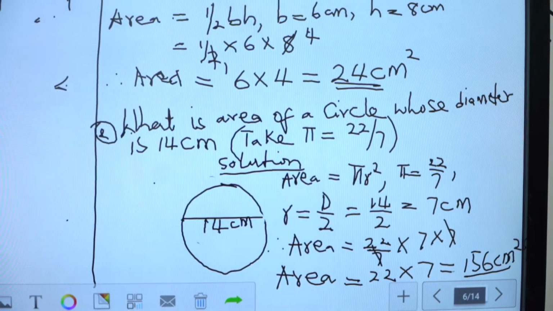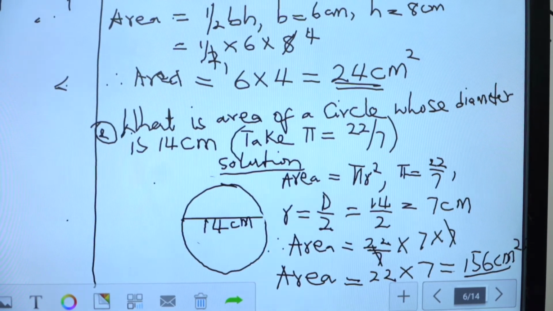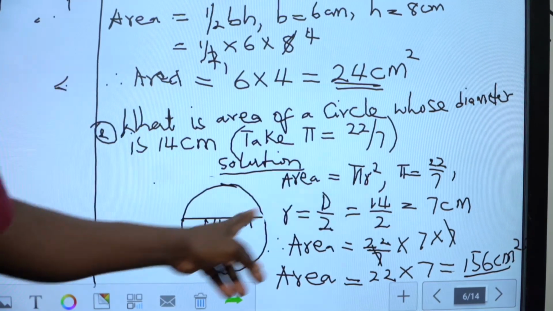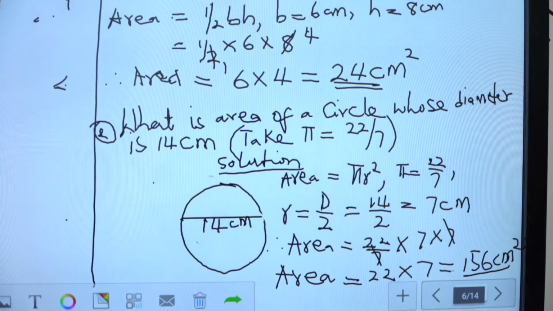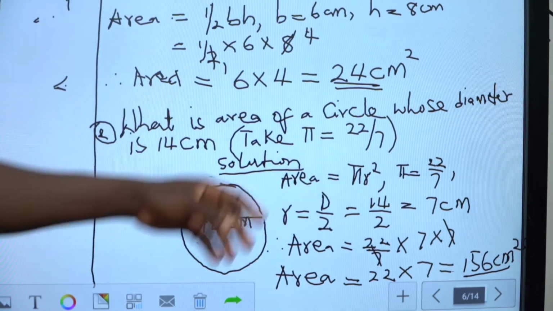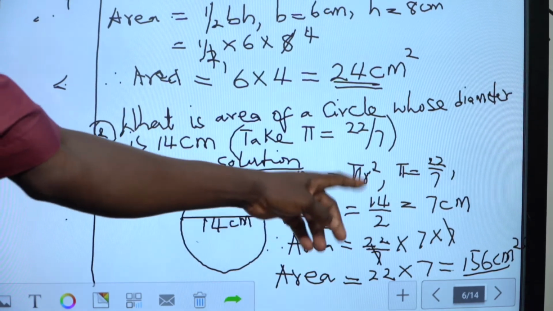Then radius will be d/2, where d stands for diameter, which is 14 that has been given, divided by 2 to give us 7 cm.